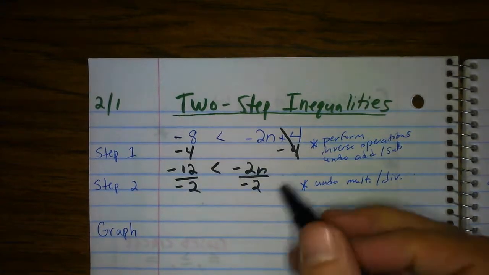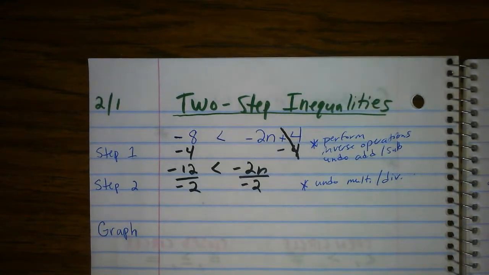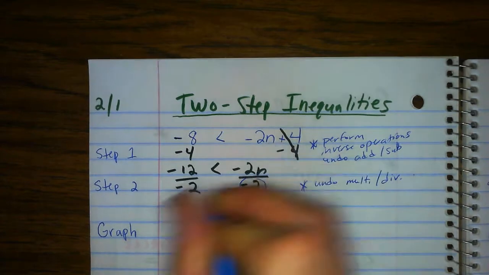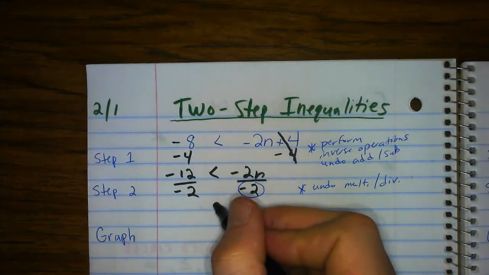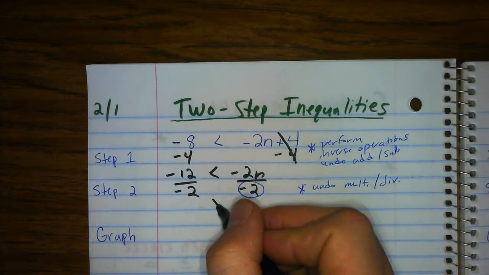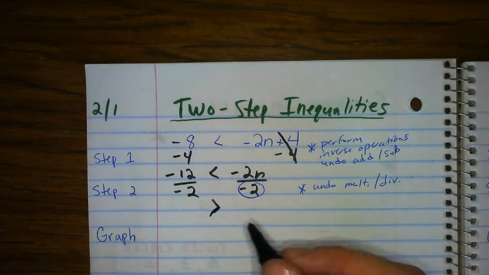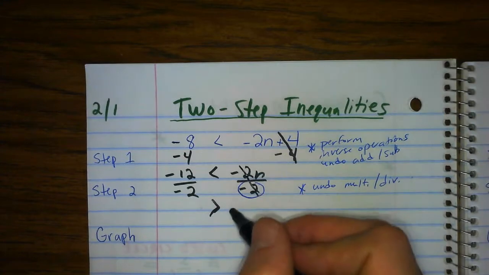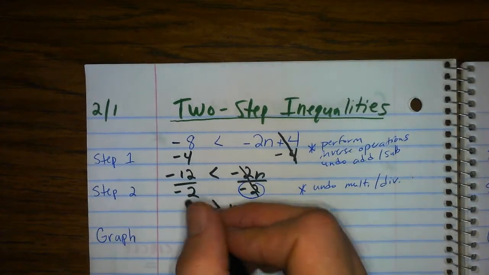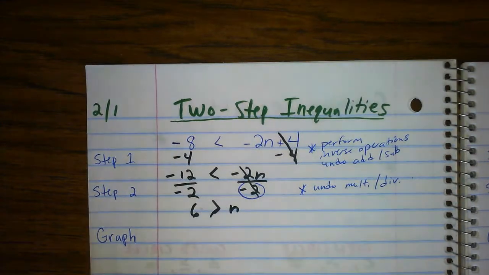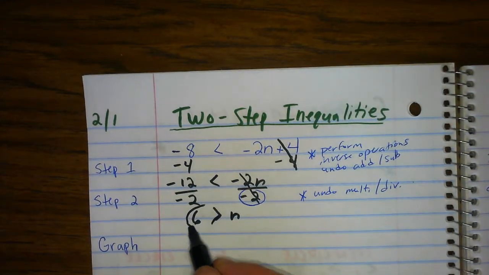And when you divide by a negative, remember that rule, you have to flip the inequality. So here I'm going to flip the inequality, and I have n by itself over here on the right. -12 divided by -2 is +6. So my answer is 6 is greater than n.